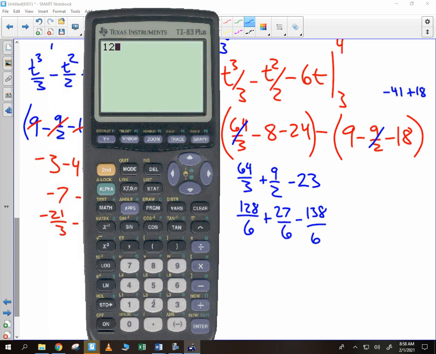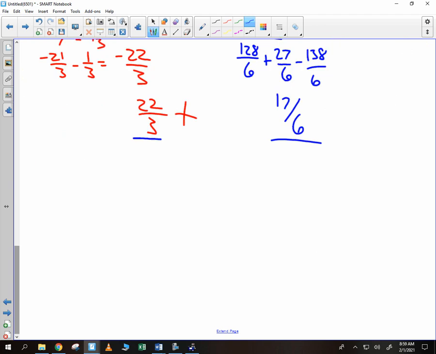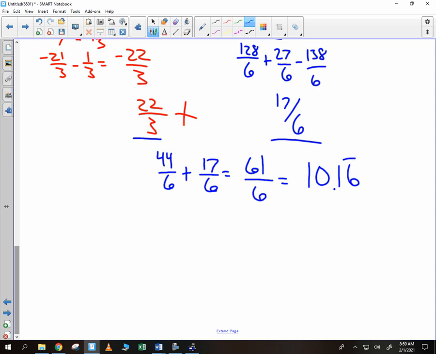So 128 plus 27 minus 138, and that is 17. 17 over 6. So I take the 22 over 3 and add it to the 17 over 6. And 44 over 6 plus 17 over 6 is equal to 61 over 6, which is 10.16 repeating. And that's what we get there.